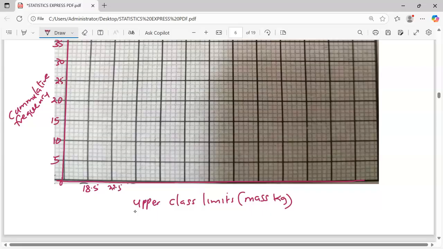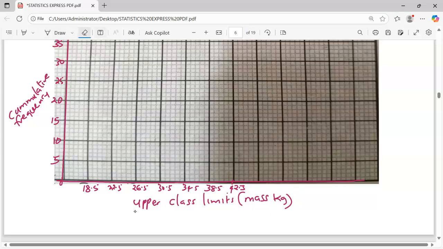The next one is 26.5, then 30.5, then 34.5, then 38.5, then 42.5.